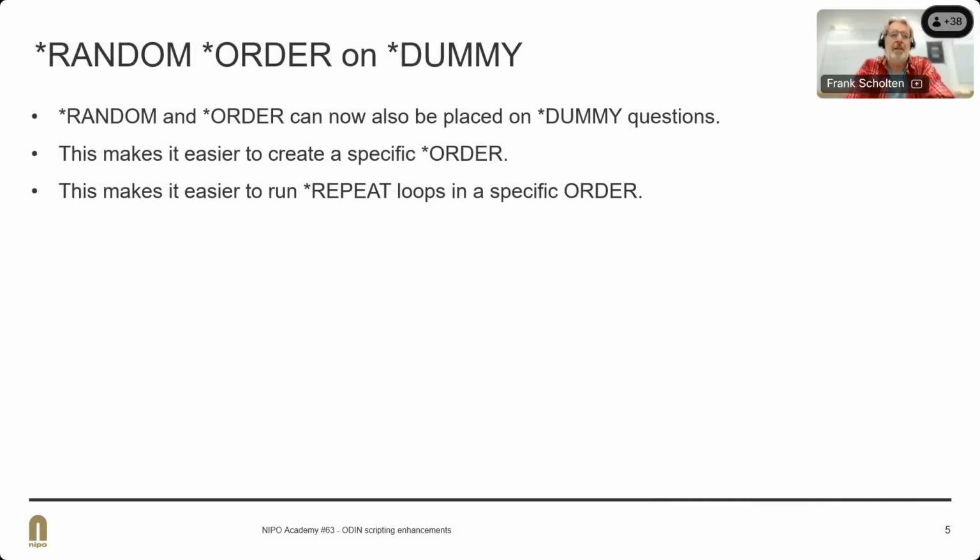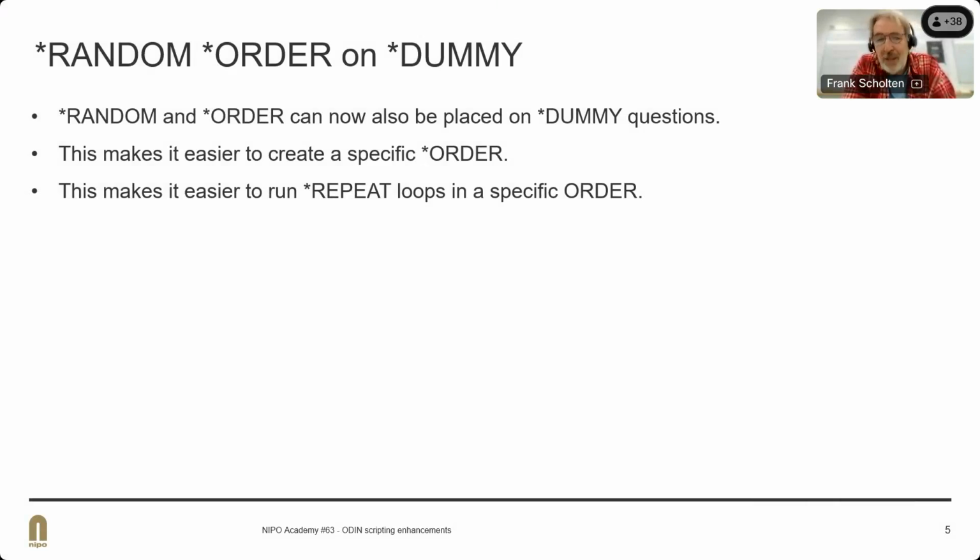The next improvement is that we now allow you to place a random or an order on a dummy question. Until now, we did not allow that, or we did allow it, but it didn't do anything because that dummy question is never displayed, and those random and those orders only took effect once they were displayed.